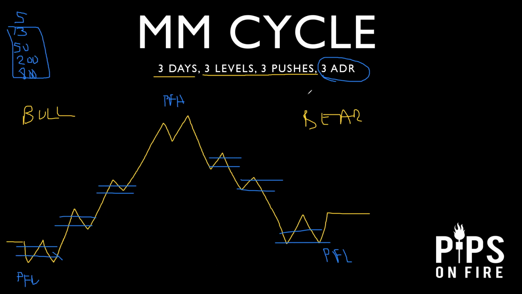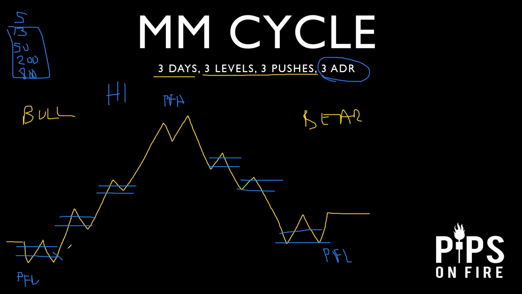Now, this is representative of the H1. Again, this can happen on every time frame, but for the US30 and with the majority of the pairs, guys, you always want to use H1 and H4 as your higher time frames to see where you are in the levels, and then you can drop down to M15 to execute your trade.